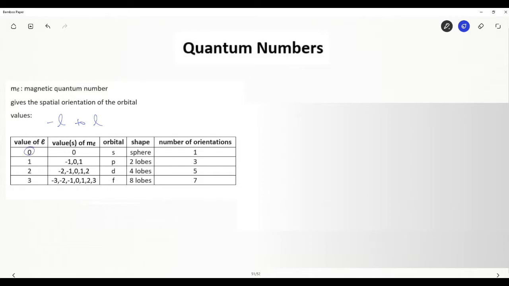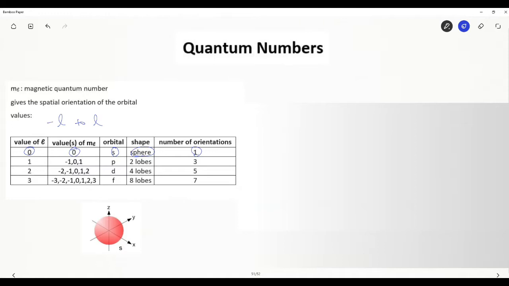If our value of l is 0, that means m sub l only has one value, that is 0. Of course, that is the s orbital. Its shape is a sphere. So again, you see this picture of the s orbital, and you will see that there's only one orientation because, of course, a sphere is symmetrical. It doesn't matter how you rotate it in space, it's going to look the same.